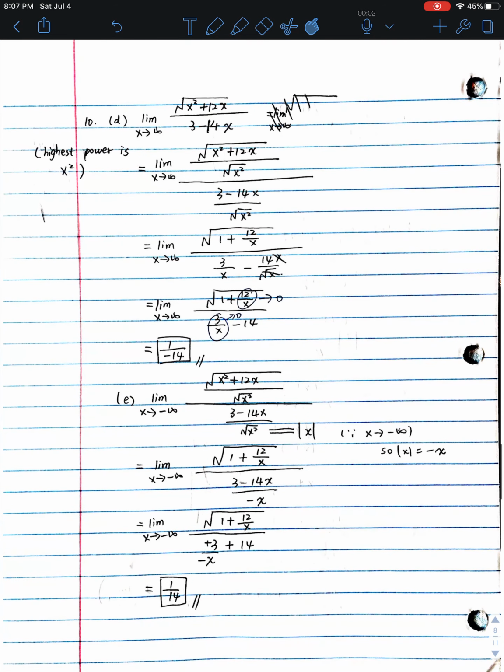So here, both numerator and denominator have x. So what is the highest power of x? We can see it's x squared, right?